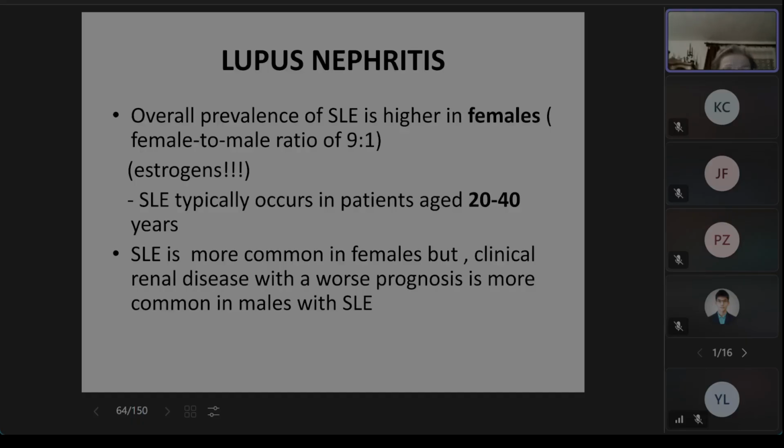Lupus nephritis is usually found in young adult women, and it is 9, even 10 fold more frequent in women than in men.